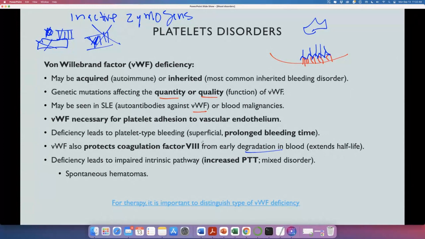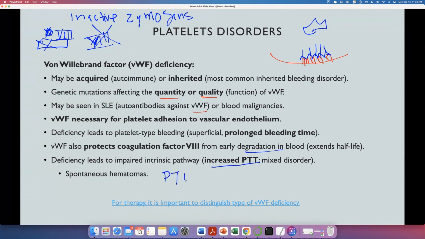So when people have any defect in the quantity or quality of this protein, they are going to have a very low level of factor 8 in the blood.